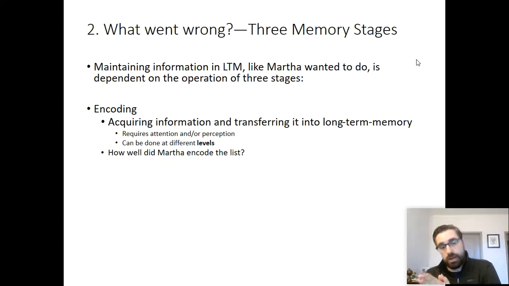Okay, so encoding into long-term memory is when you take information from the outside world, you acquire it, and then you transfer that information into your long-term memory. As we talked about already, this requires your attention and your perception. So Martha had to attend to the information that she's trying to remember, right?